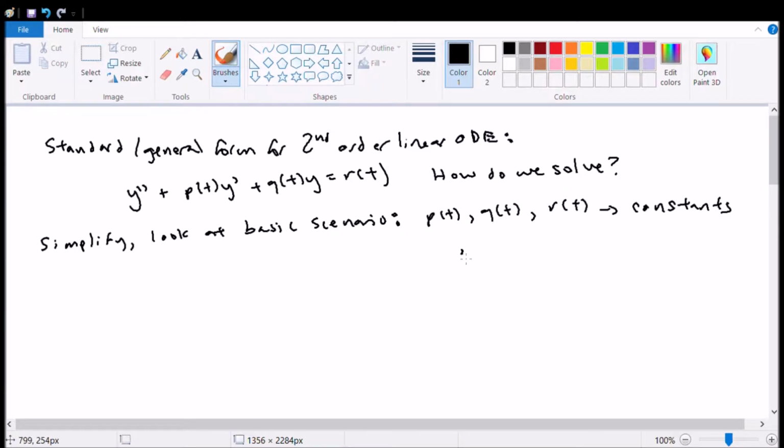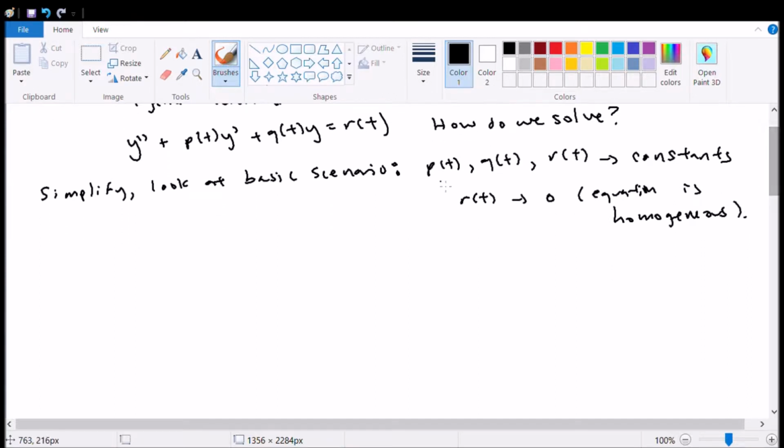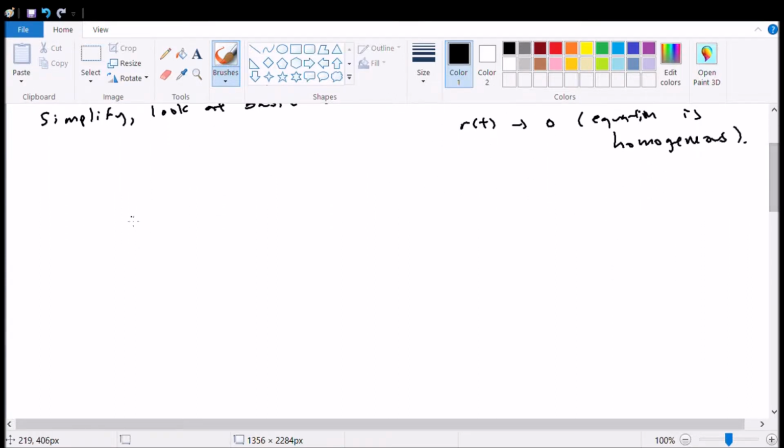And specifically, r of t is 0, so the equation is homogeneous. Okay, so we're not solving this thing. What we're solving is y double prime plus p y prime plus q y equals 0. So that is what we're solving for now.